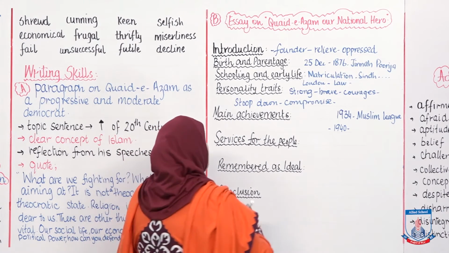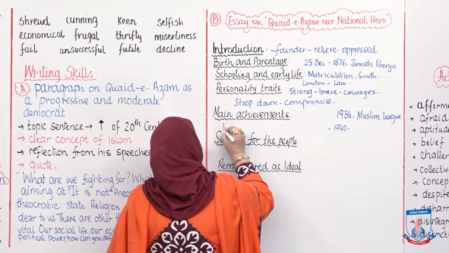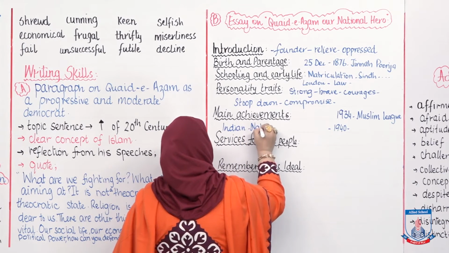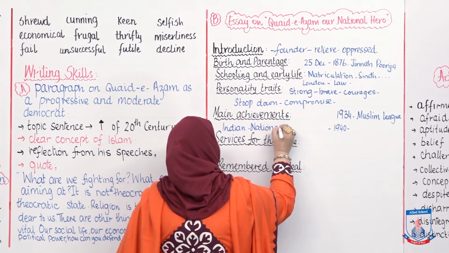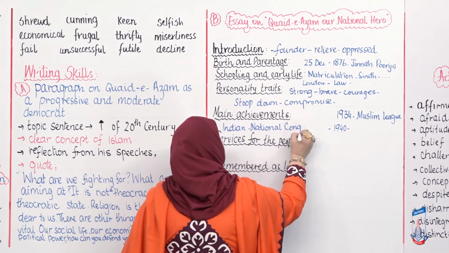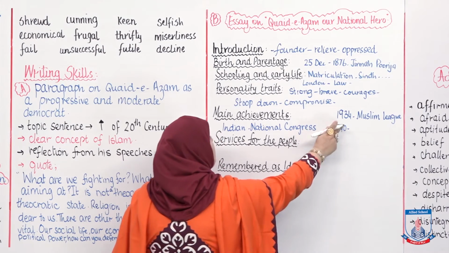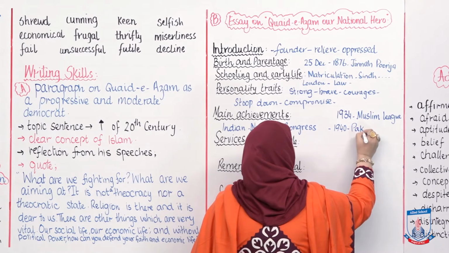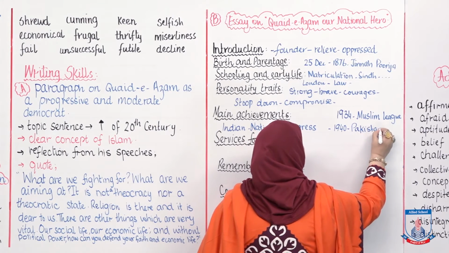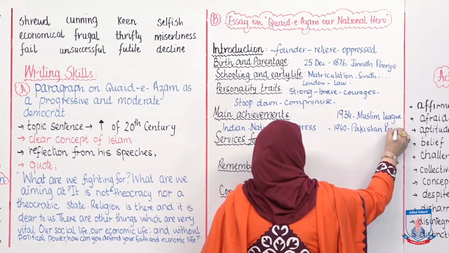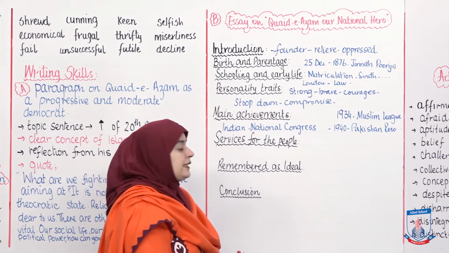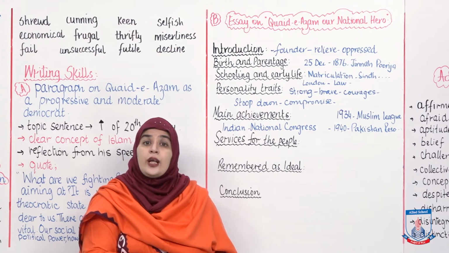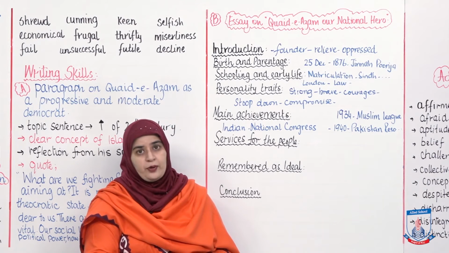You are going to write about Indian National Congress and him leaving the Indian National Congress and then joining Pakistan Muslim League and the Pakistan Resolution being passed on 1940. Services for the people. Quaid-e-Azam Muhammad Ali Jinnah has done great services for the people of the subcontinent.